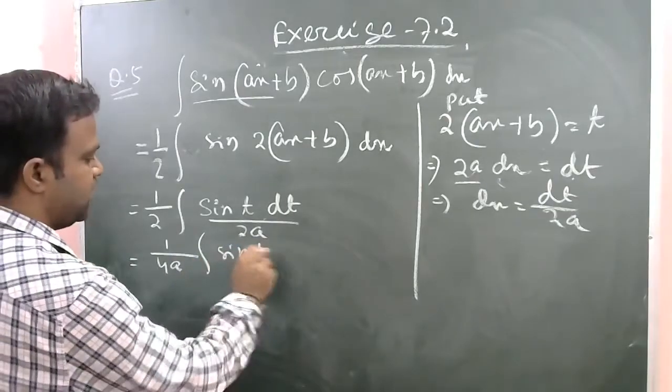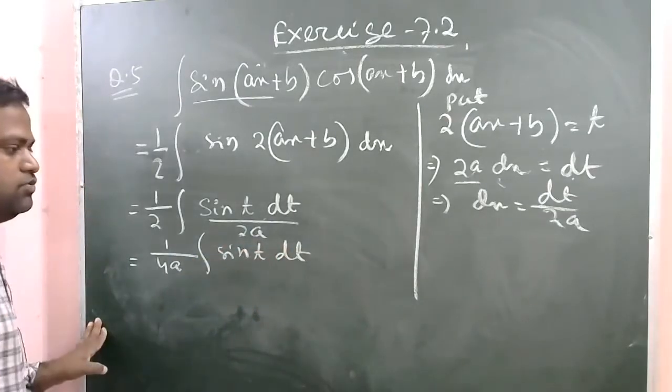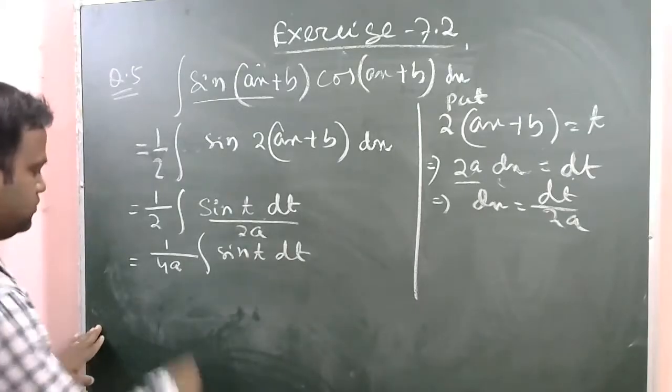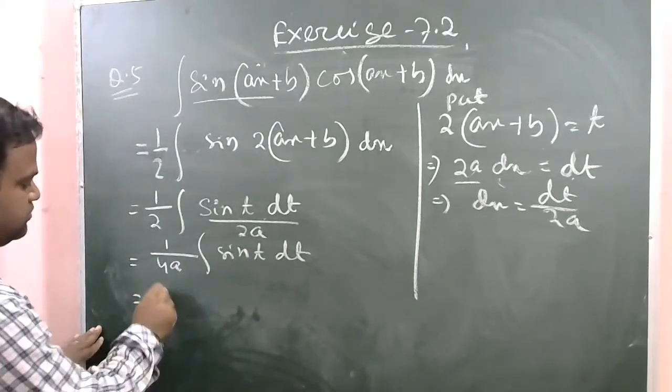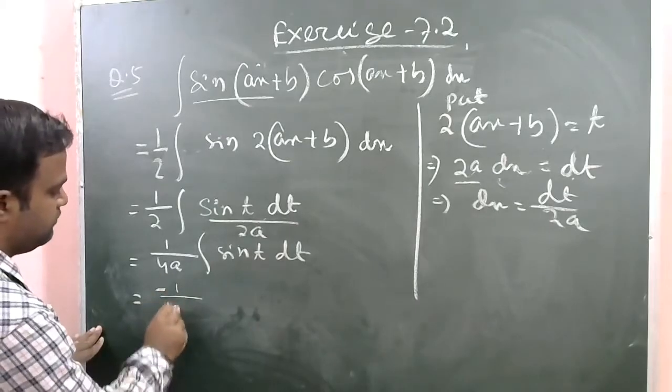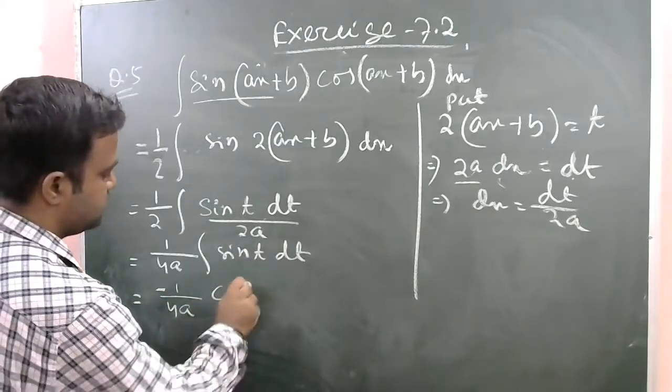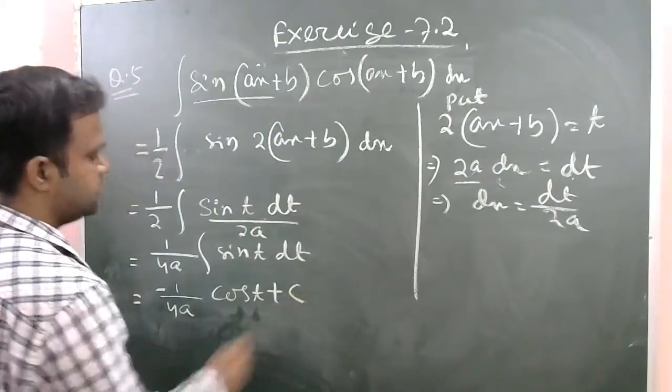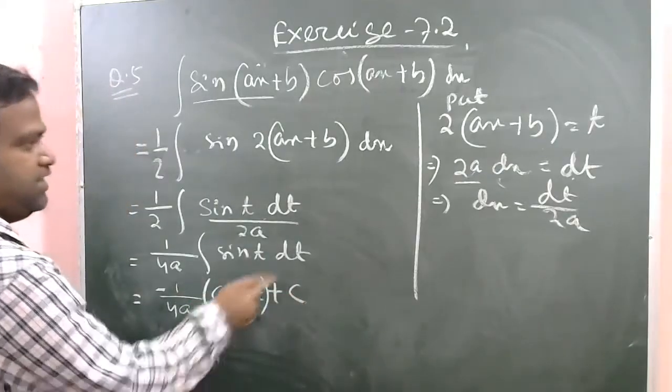integral of sin t dt. The integral of sin t, you know, is minus cos. So the minus will come, minus 1/4a cos t plus c. And t I will replace.